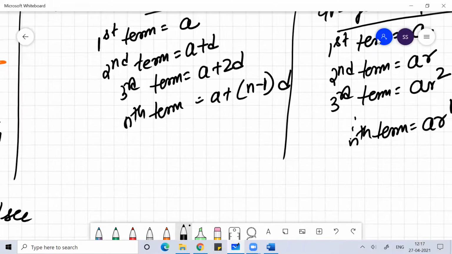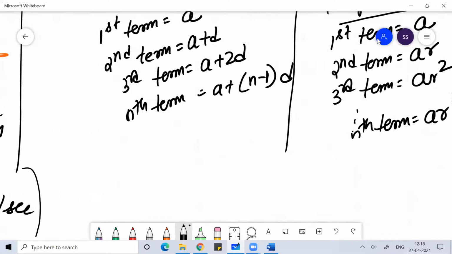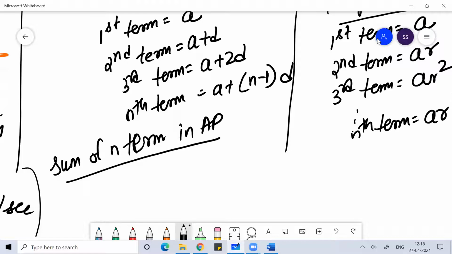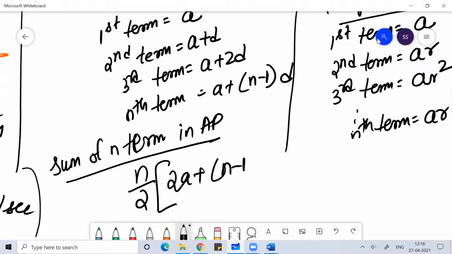Understand this. Remember this formula. The sum of n terms in AP is n by 2 into (2a plus (n minus 1) into d).